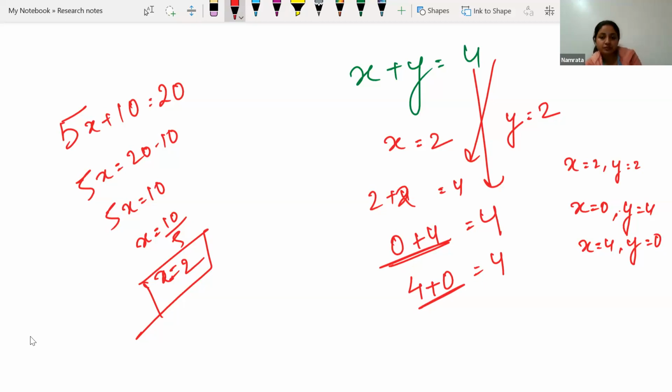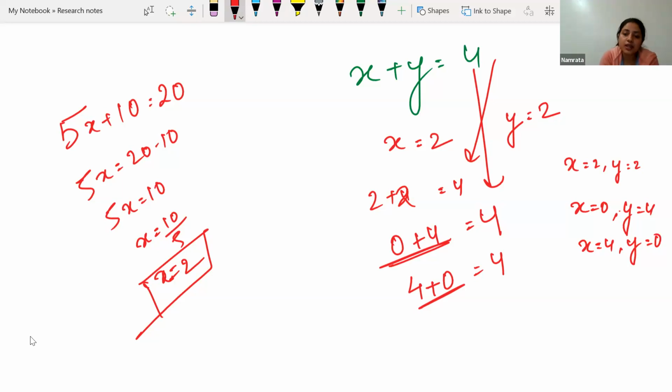So what we can say over here is that a linear equation in two variables will have an infinite number of solutions. There are a lot of different possibilities which will satisfy this equation.